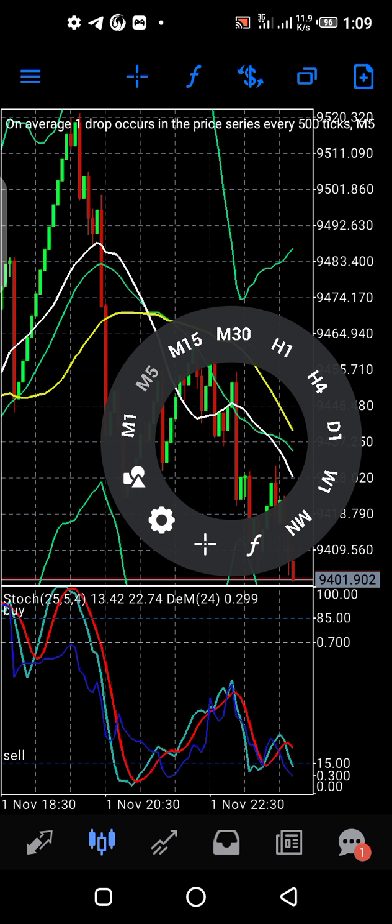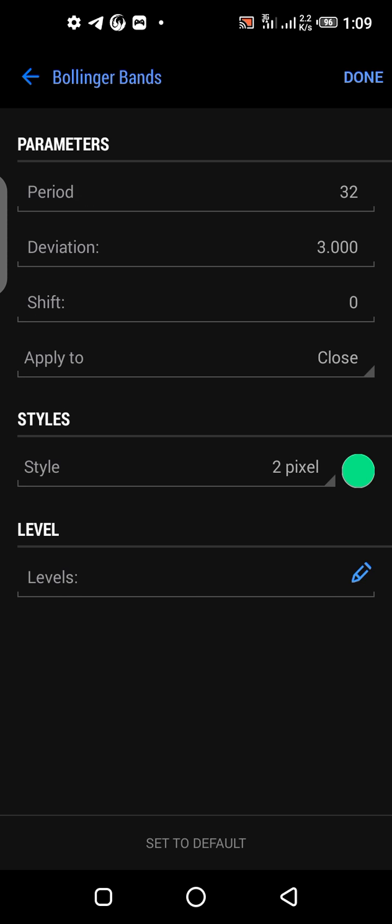Very important, your Bollinger Bands. Now, these are the settings for the Bollinger Band. You can pause this video or rewind so you can get the settings clearly. Just set your indicators the same way you are seeing them here.